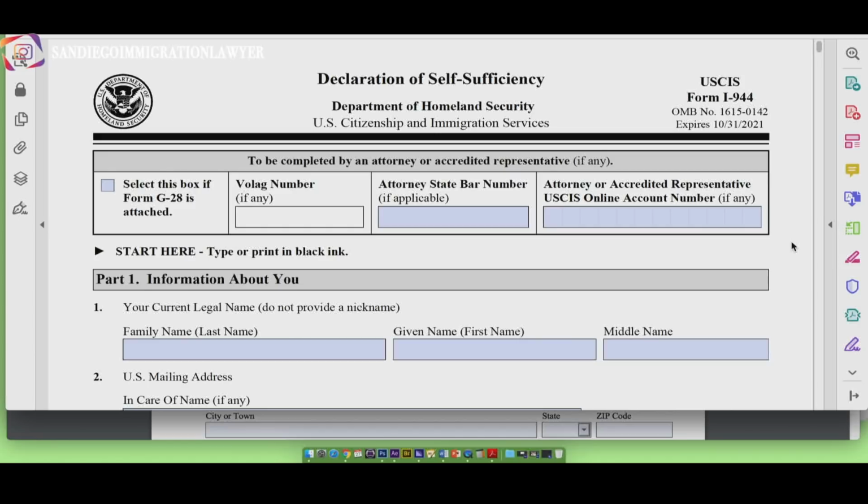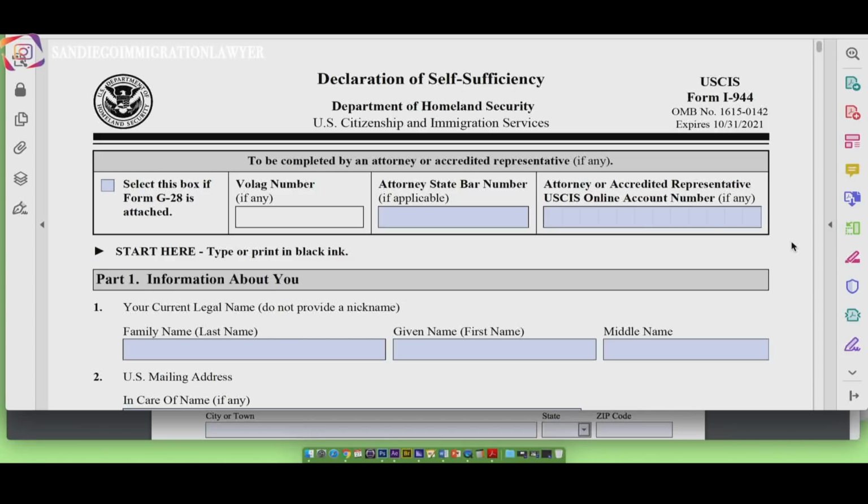There are other exemptions, and so you want to look at the instructions. If you go through Form I-485, on page 14, they will start listing the exemptions, and if you fall under one of those exemptions, you will not have to complete the I-944. So for those of you who do have to complete the form, if you're not exempt, then we'll start going through the form now.